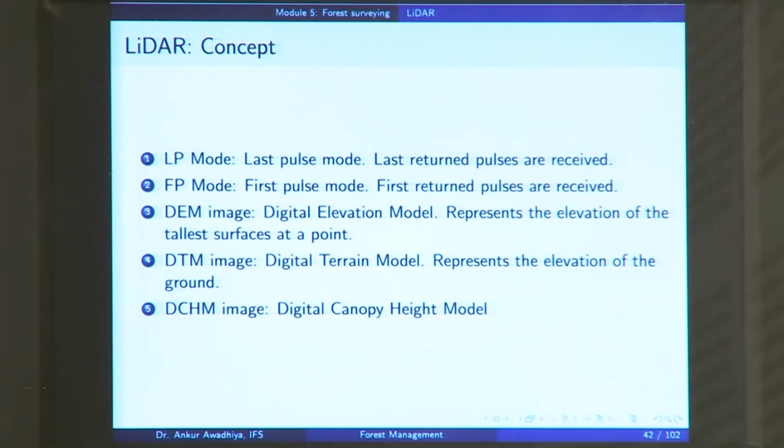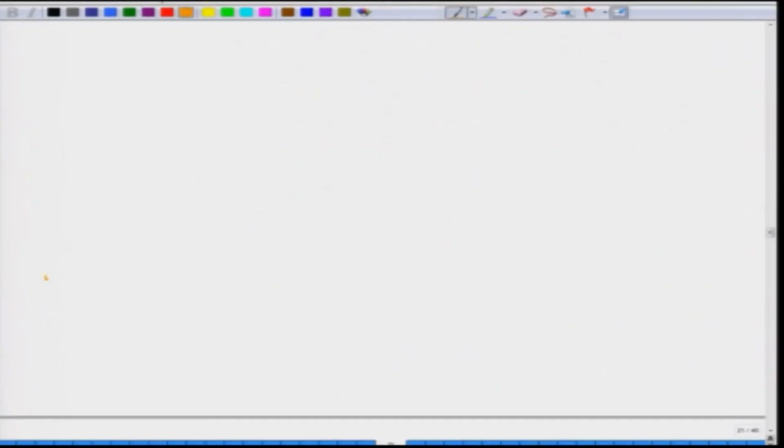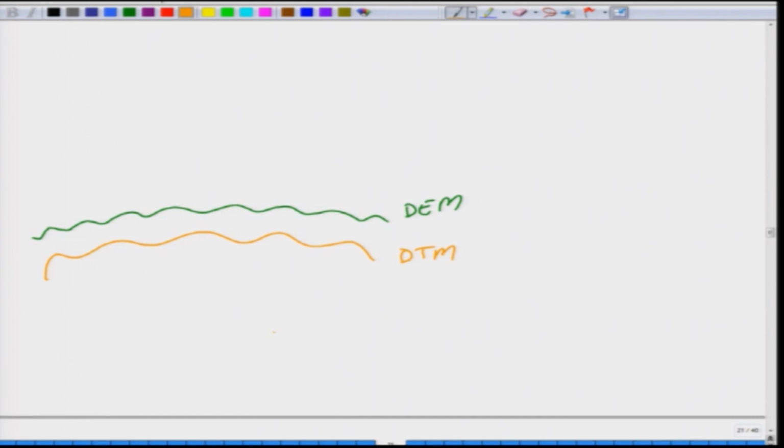So, what we are saying here is that you have a ground and then you are getting a canopy. These are the two surfaces that you are generating. So, you have the digital elevation model, which is giving you the tops of the canopies. You have the digital terrain model, which is giving you the shape of the earth below it.